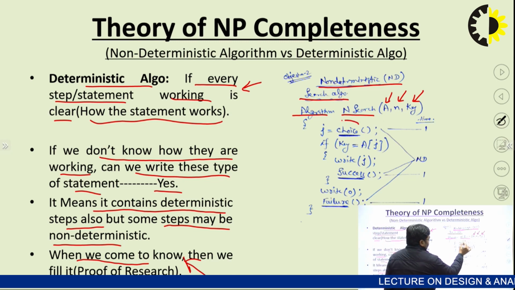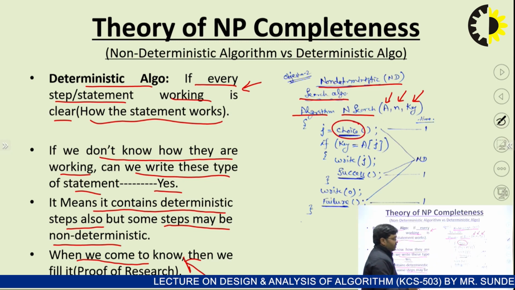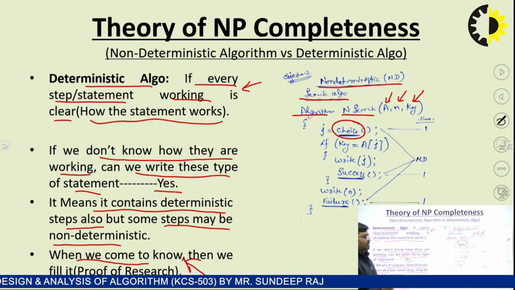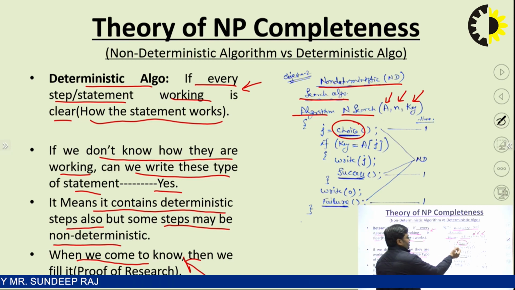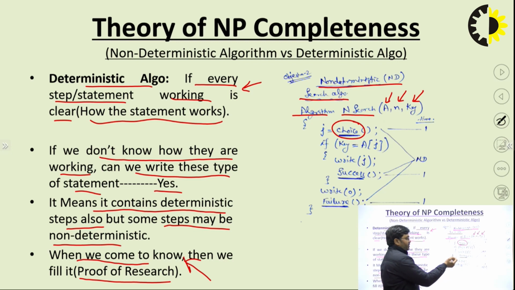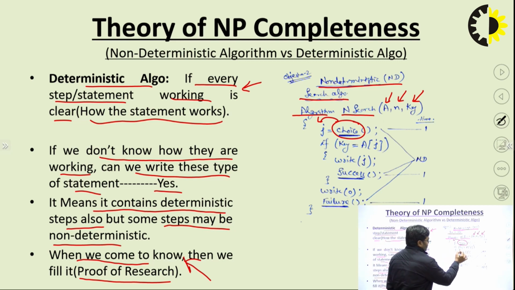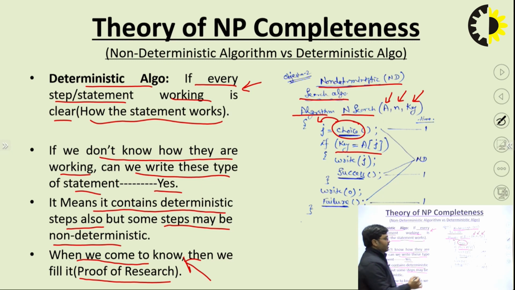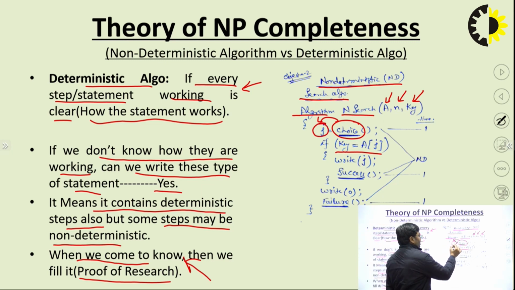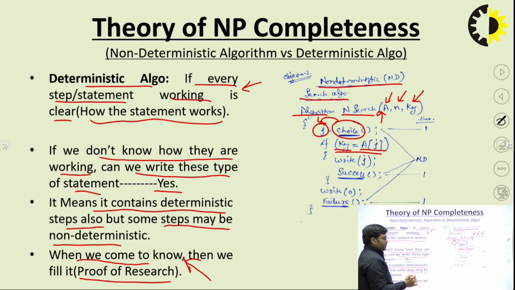Then we call a choice function, which gives some result to j. In the next step, we compare the key with A of j, meaning the jth element in array A, with the key value which we are trying to find.